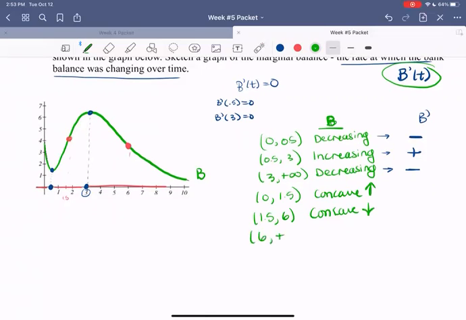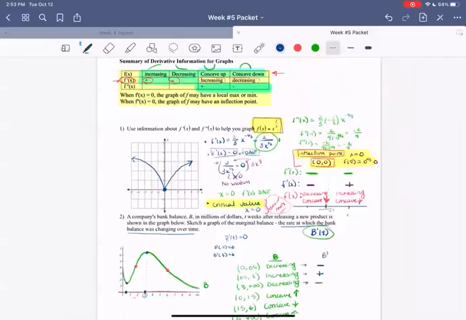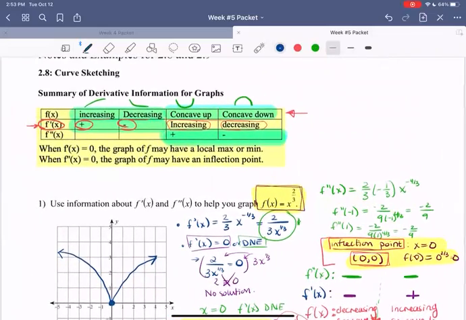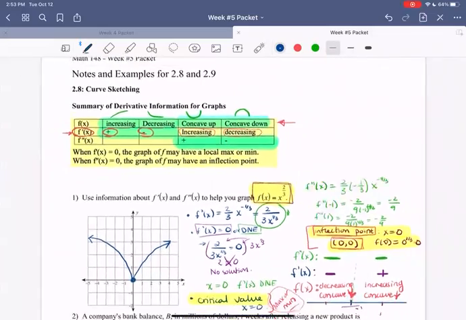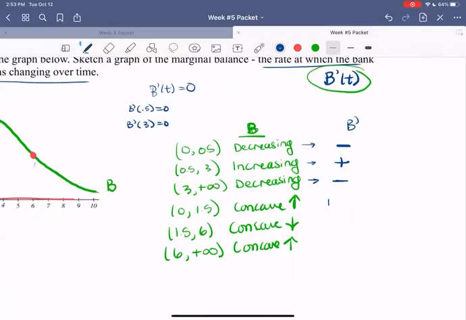And from 6 to positive infinity, it is concave up. So what does that mean for our derivative? Whenever we are concave up, our derivative is increasing; concave down, decreasing. So here where we're concave up, the derivative is increasing, then decreasing where concave down, then increasing again where concave up.